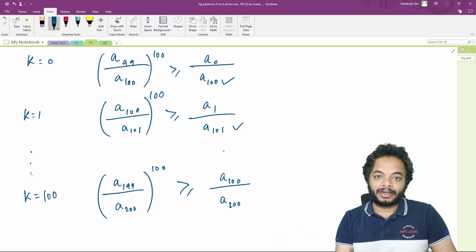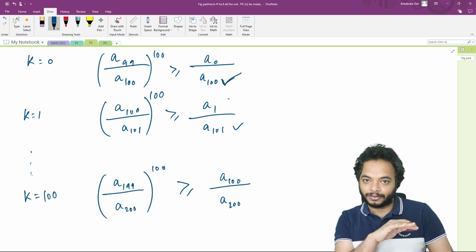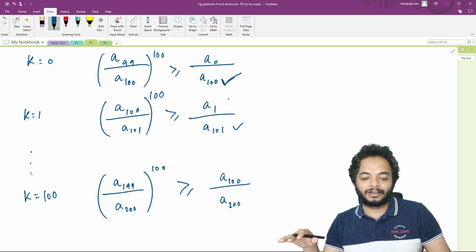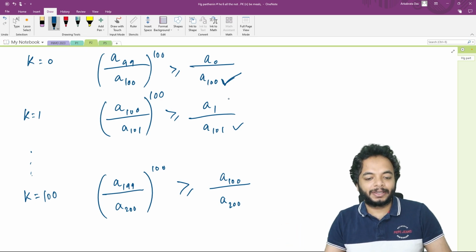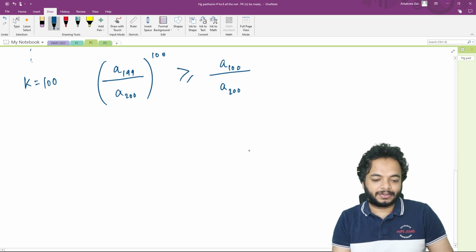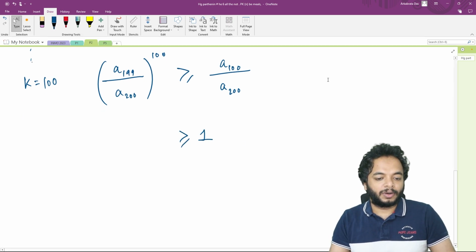So A0, A1, A2 till A99, and also A100 here. So even in the denominator you are getting the total whatever you are getting in the numerator. So things would cancel out and you would be getting 1. So the right hand side is 1, so greater than equals to 1.